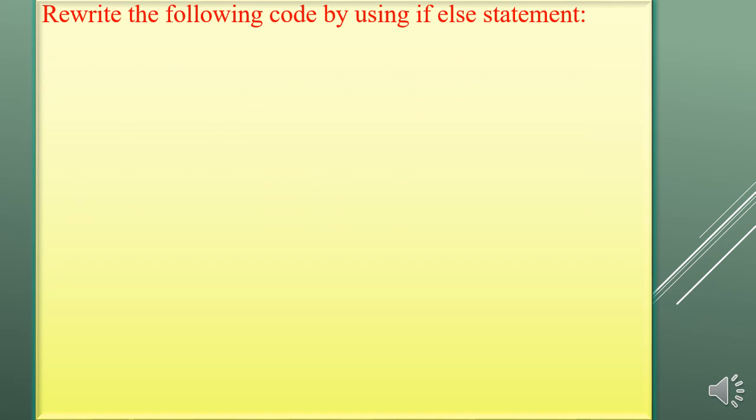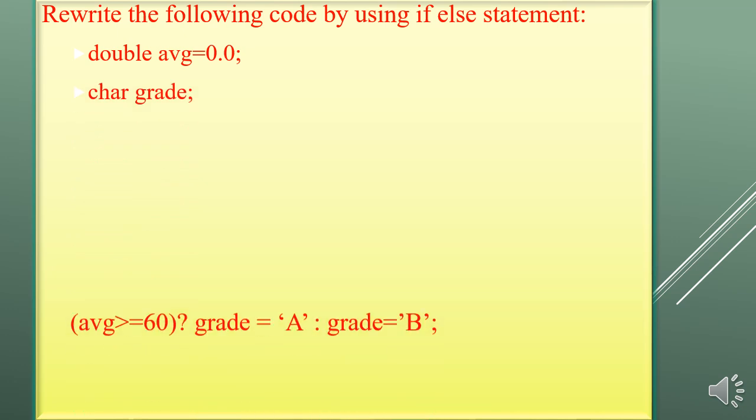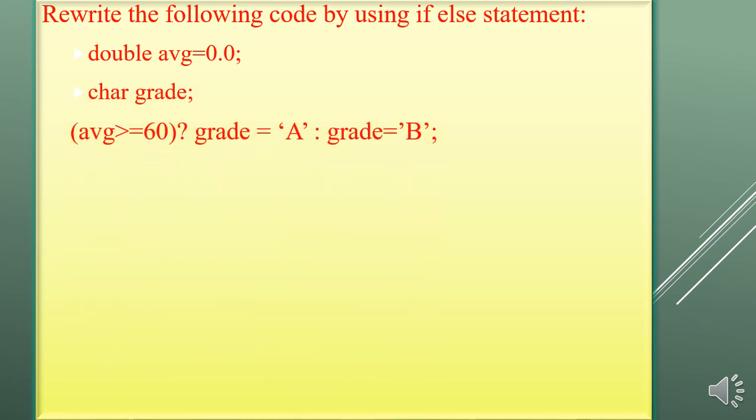Now let's see one more example. Here the code is written by using ternary operator. Double avg equal to 0.0, char grade. avg is of double type, grade is of char type. avg greater than or equal to 60 is the condition.